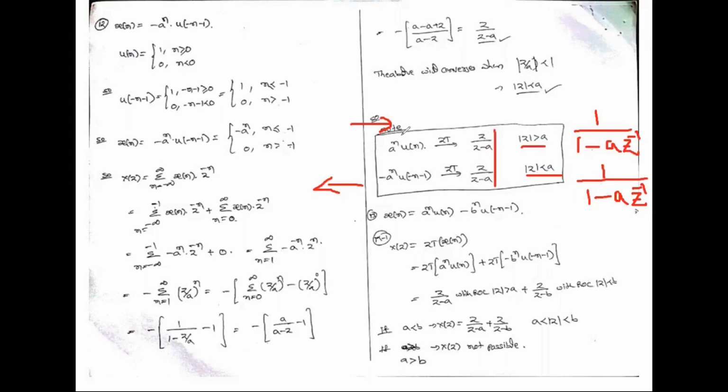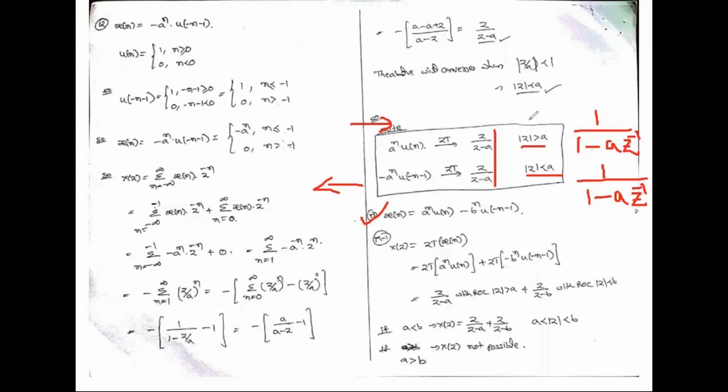When the signal combines a^n u[n] and minus b^n u[-n-1], instead of a^n, without confusion, we are taking b^n u[-n-1] as the combined signal.